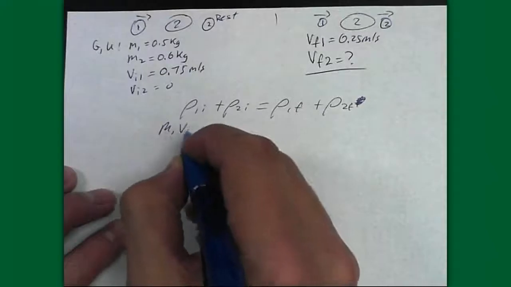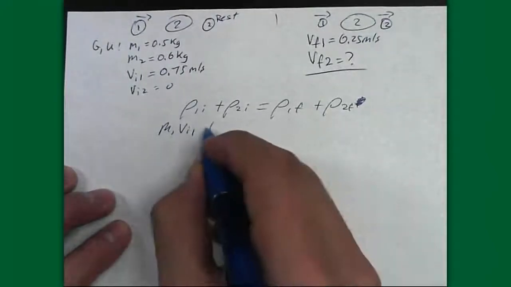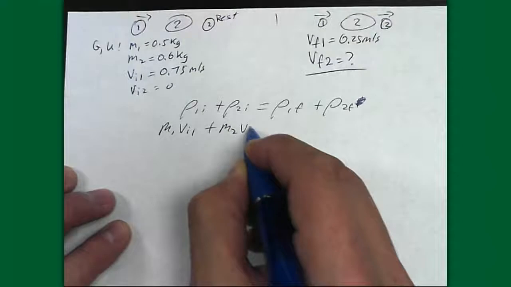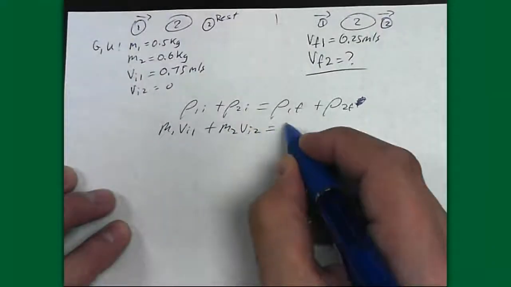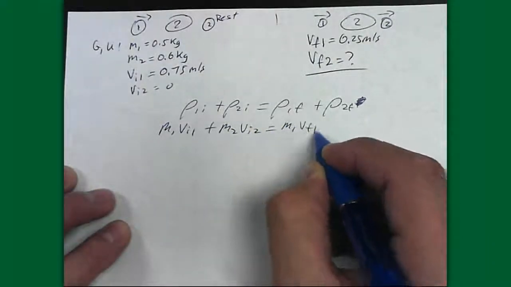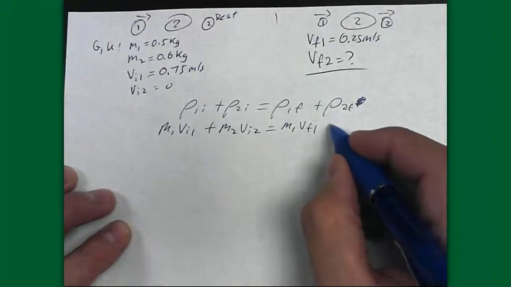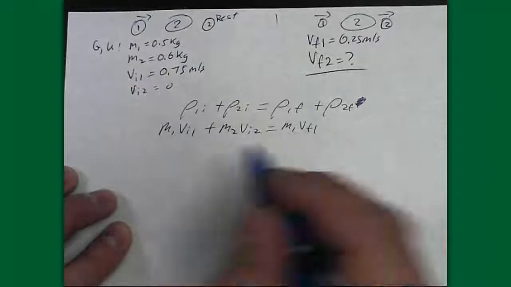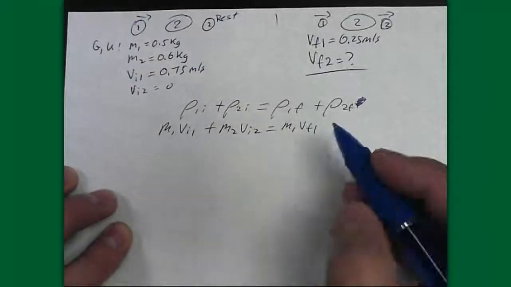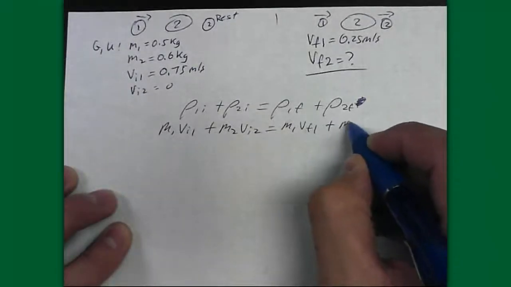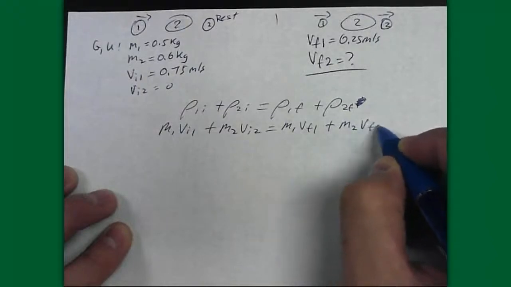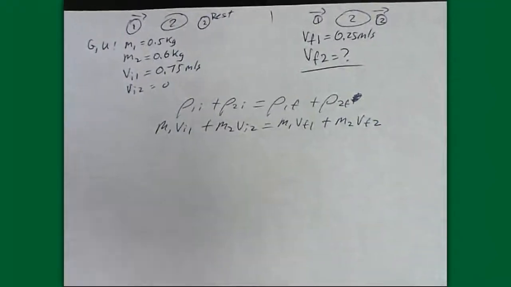Mass 1 times the initial velocity of object 1 plus mass 2 times VI2 equals mass 1 VF1. Mass times velocity, mass times velocity. I hope you see how we're doing that. It may sound like it's a long, arduous process to define all this, but if you organize your work and take the time to define your variables correctly, then you won't get them confused, because these type of problems are very, very easy to get these numbers confused.